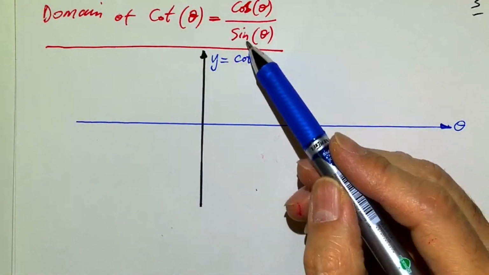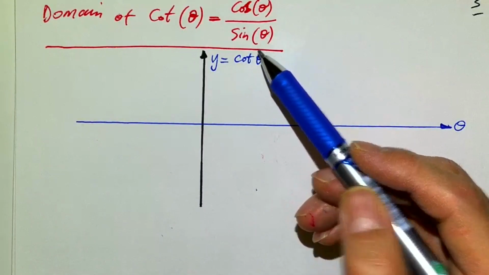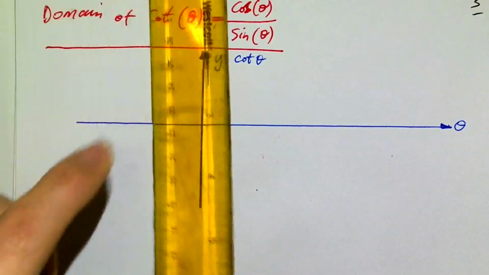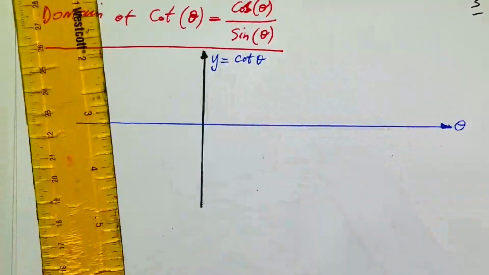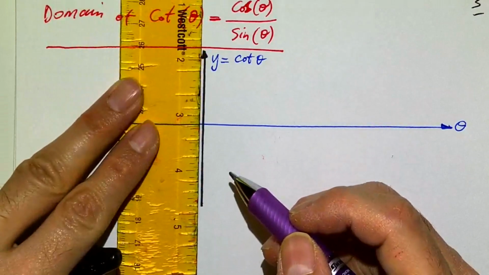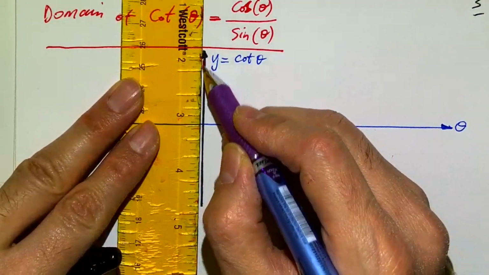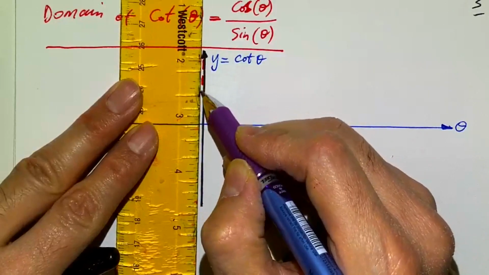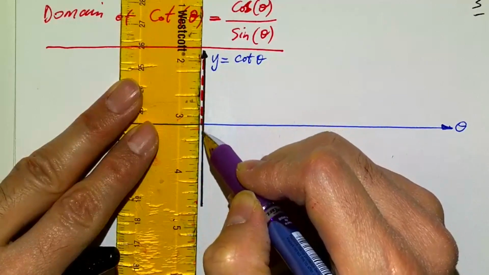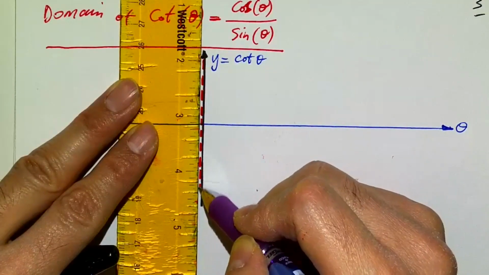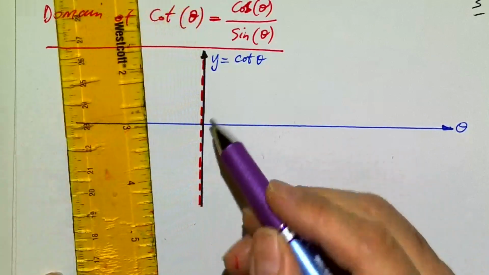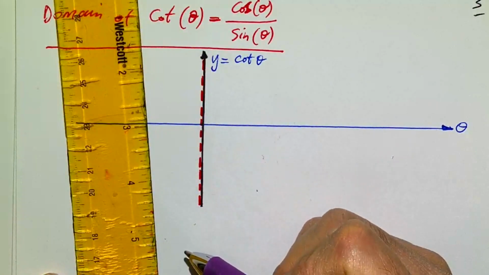Now, we just discussed that whenever the sine of theta is 0, we're going to have a vertical asymptote. So that's a vertical asymptote, right? That one. So I'm going to put a dashed line right up against the y-axis. The y-axis is an asymptote, so the graph of the cotangent function cannot cross this line.